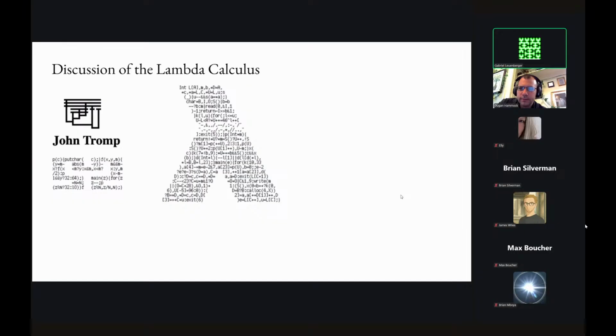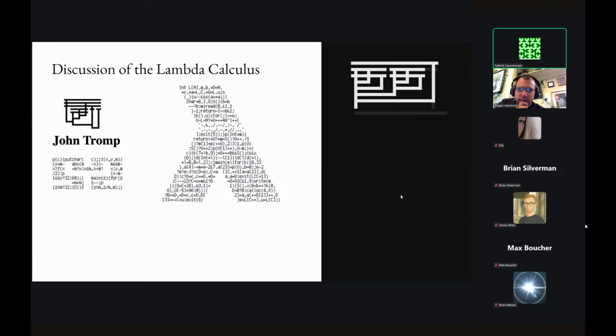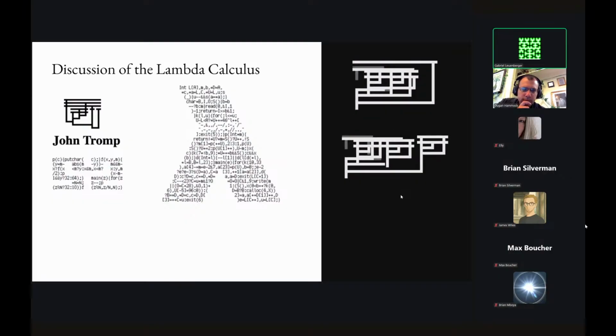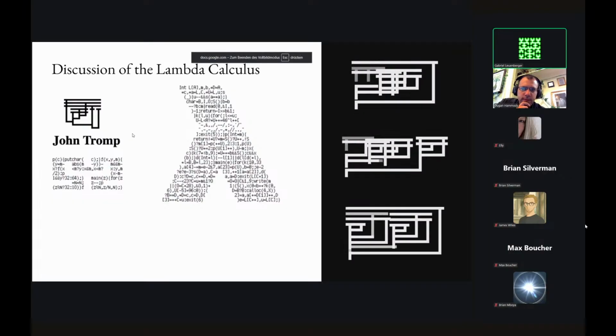Here is some stuff by John Tromp, and he also has a nice talk. He had a nice long talk on YouTube once about his paper on the binary lambda calculus. And here are his diagrams animated. These were invented by John Tromp, but then animated by TwoSwap.